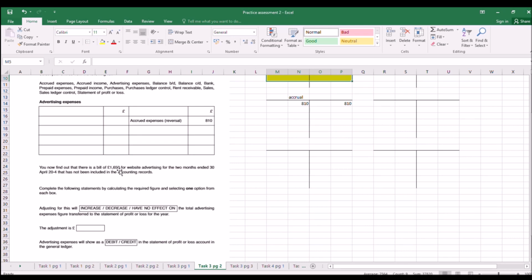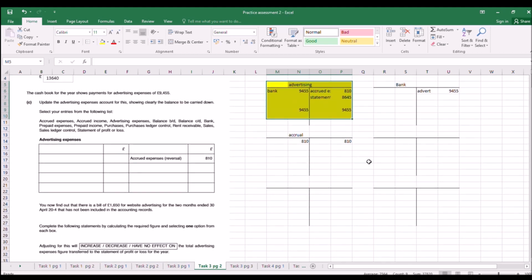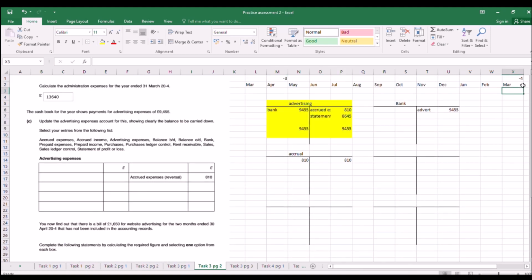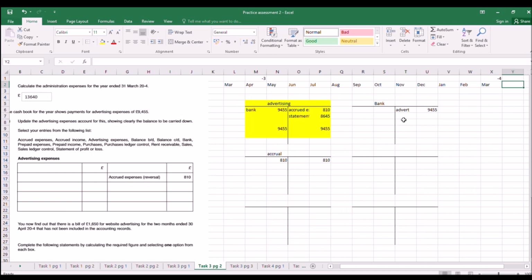Right, you now find out that there is a bill of 1,650 for the website for 2 months ended the 31st of April. Okay, for these 2 months here, half in that month and half in that month.